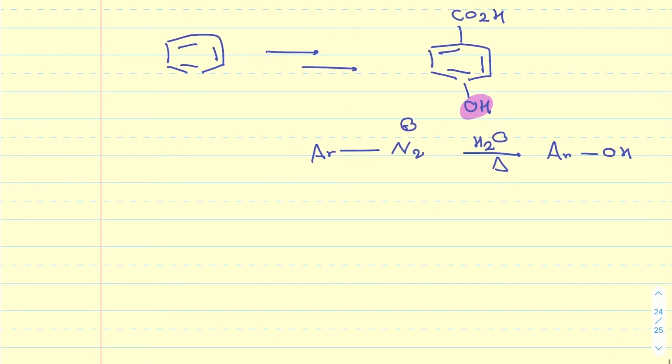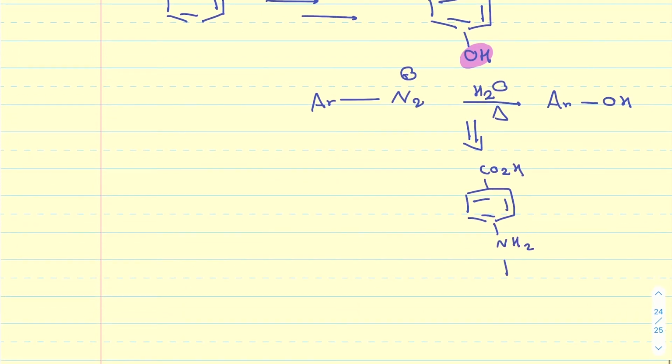So I know that this has to come from an NH2 here, and the NH2 has to come from an NO2. That's the only way that we can place an NH2 group there.